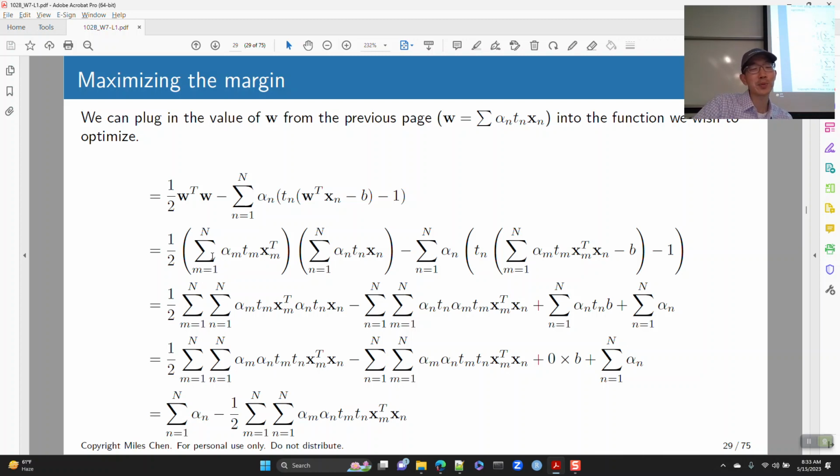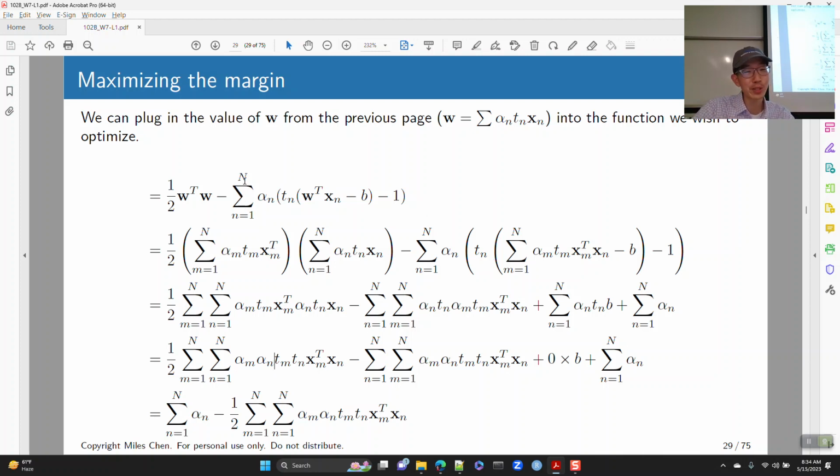So this is why you see a subscript m going from 1 to n and a subscript n going from 1 through n. Anyway, it all gets multiplied, and we have alpha sub m, alpha sub n, t sub n, and so on. It's just a nightmare over here. But if you look at this whole thing, the terms end up canceling out with each other.